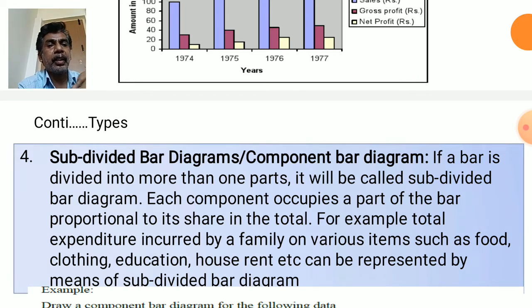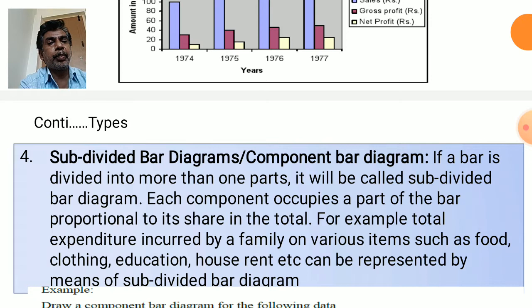So one bar is divided into different parts for representing different data or different variables. When a bar is divided into more than one part, then it will be called subdivided bar diagram.